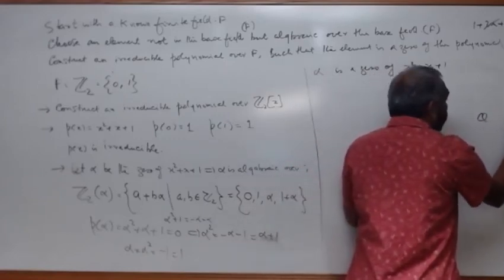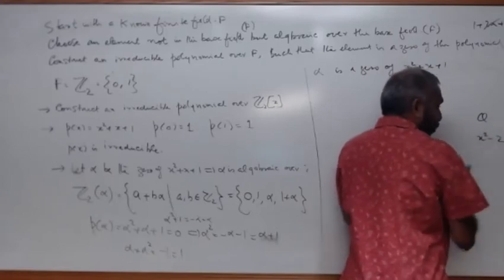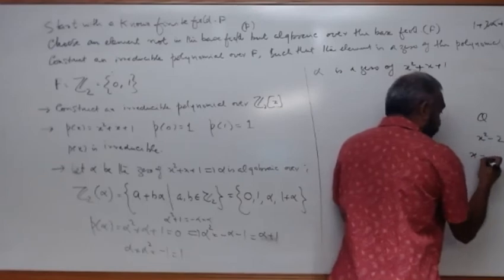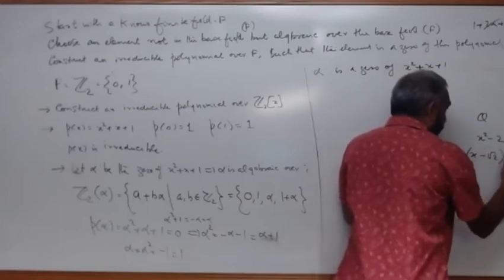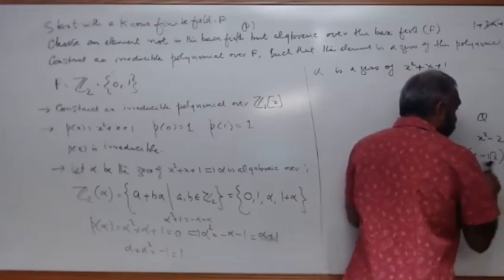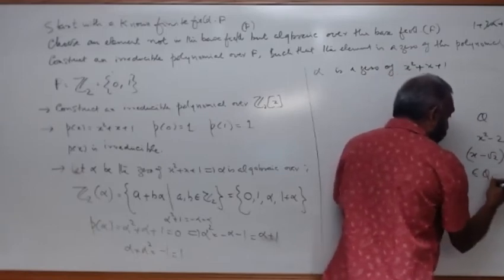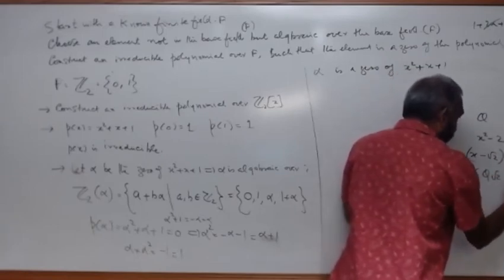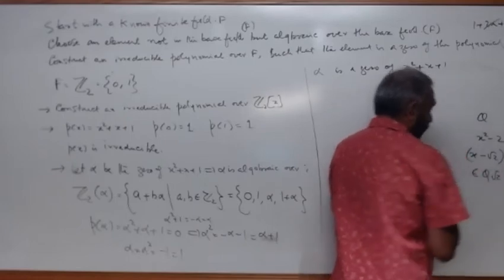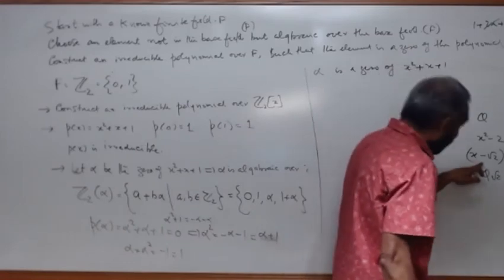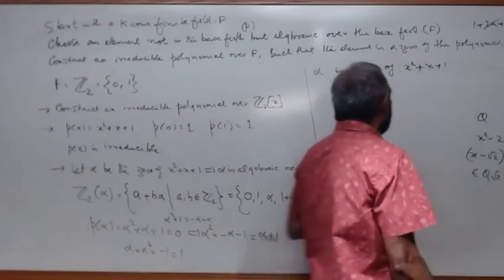when you take Q and root 2 and x square minus 2, root 2 is a 0 of this, then x minus root 2 and x plus root 2 are two factors of this, and this belongs to Q root 2 of x, does not belong to Q of x, but still you can factorize it in the simple extension field.